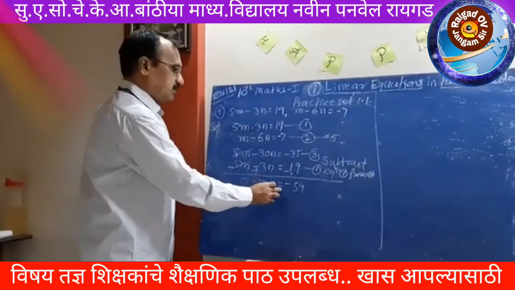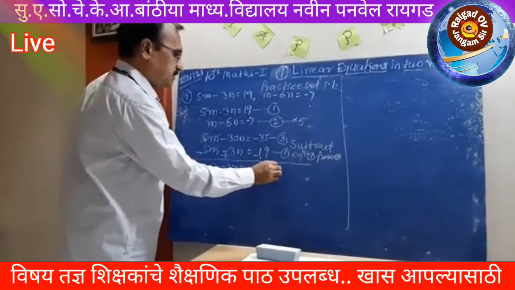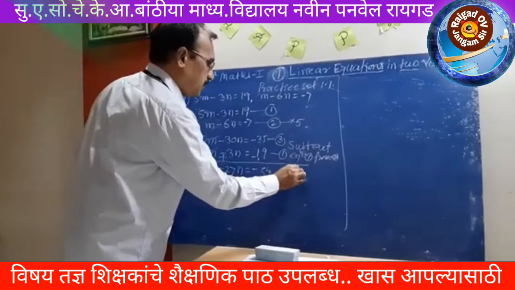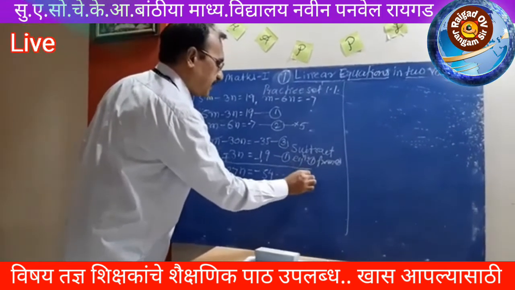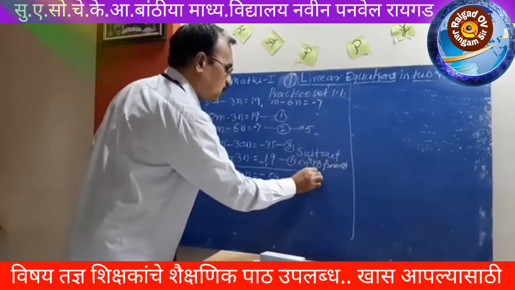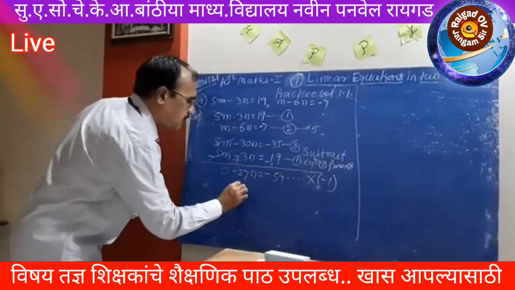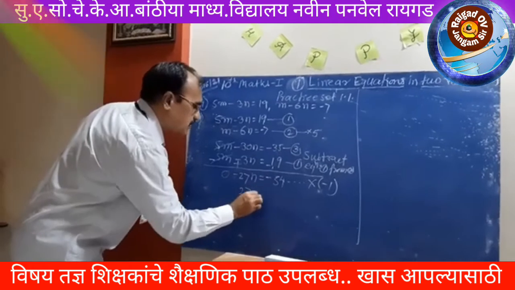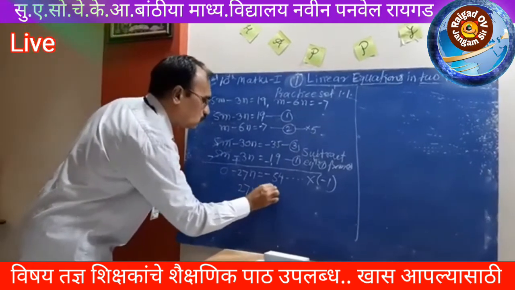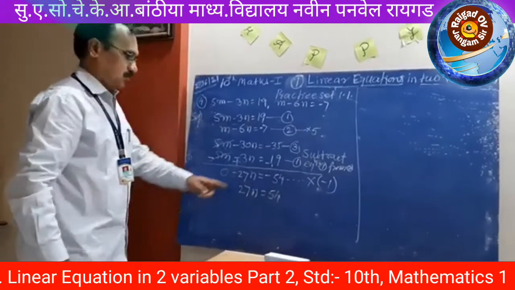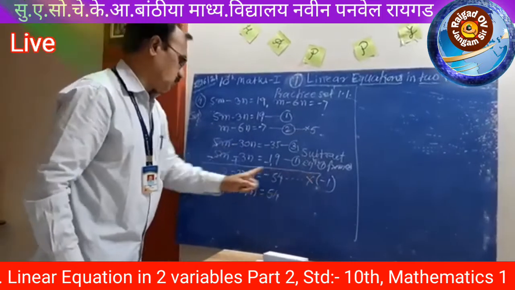Then minus 27n is equal to minus 54. That means if we divide both sides or multiply both sides by minus 1, then minus into minus becomes plus, means 27n is equal to 54.